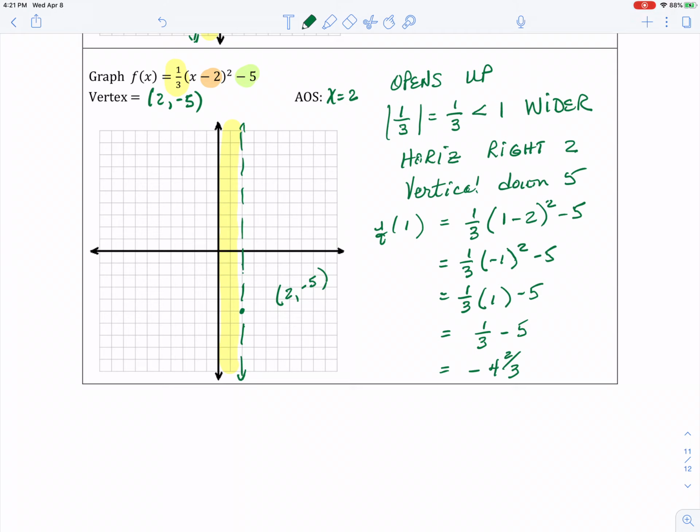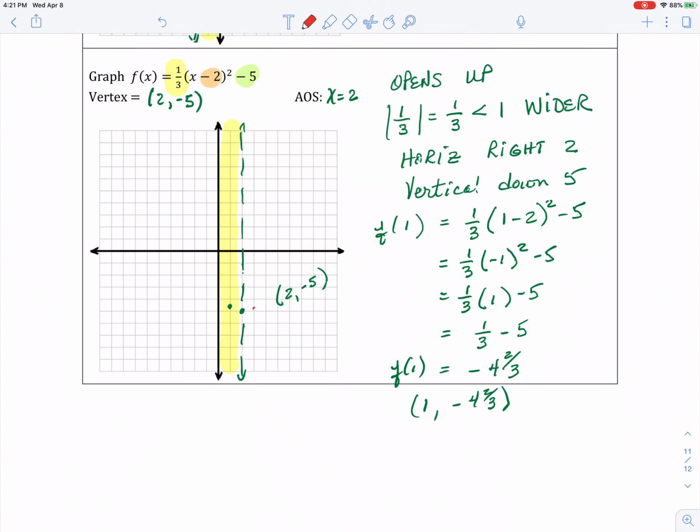So the reason that I was sort of stumbling around, I knew I was going to run into a fraction here. But that's okay, we can just estimate. So when x is 1, y is negative 4 2/3, and that gives me that one additional point that I need. So let me go over 1 and let me go down 1, 2, 3, 4, and approximately 2/3.